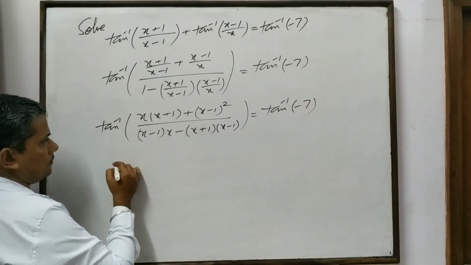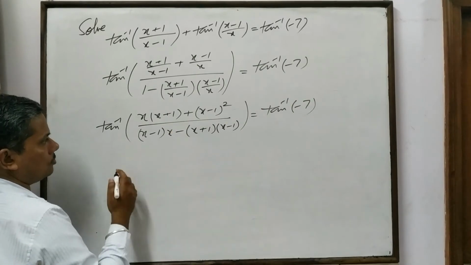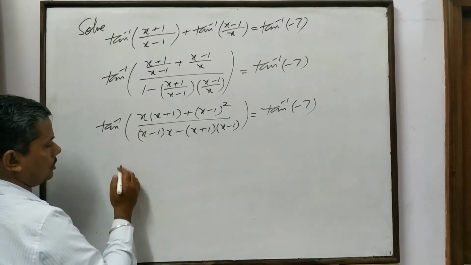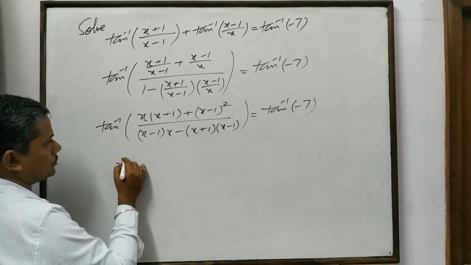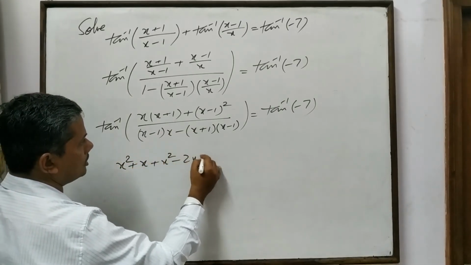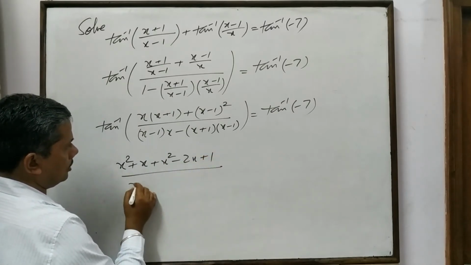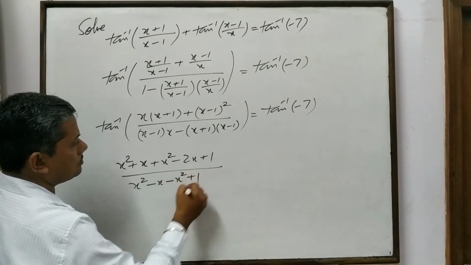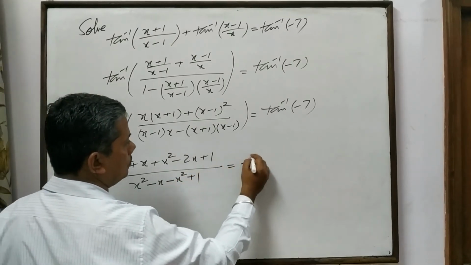Or this is, take tan on both sides, tan of tan inverse. So you are left with x. So x square plus x square minus 2x plus 1 upon x square minus x square minus x plus 1 is equal to minus 7.